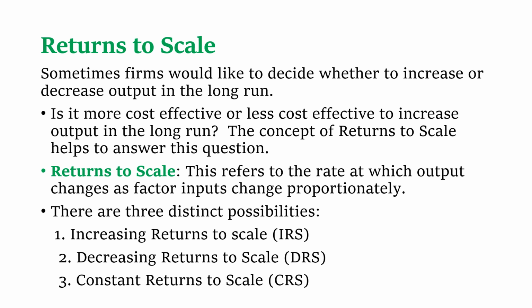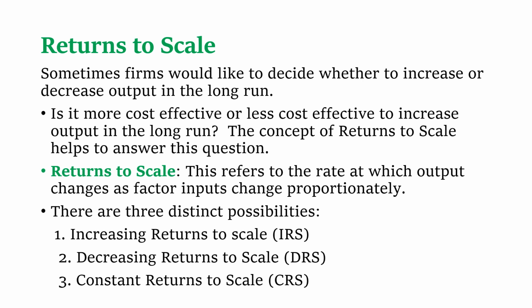So let's say we try to increase the input in the production process, then how much output are we going to get? Are we going to get more than the increase in inputs? If our output is not more than the increase in our inputs, then that particular venture is not economical or not cost effective.